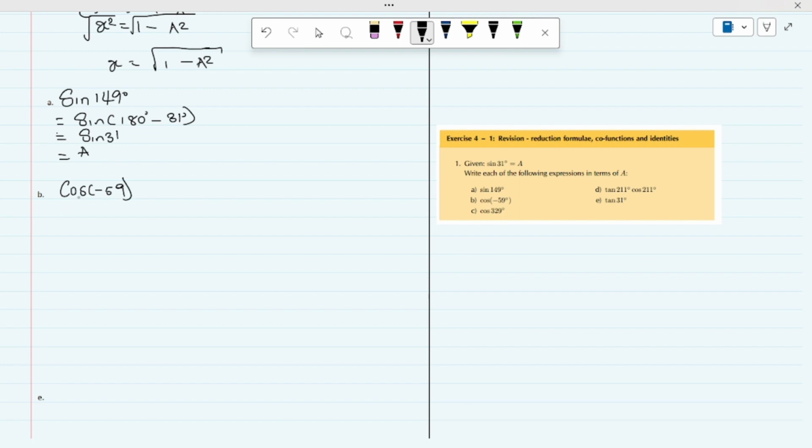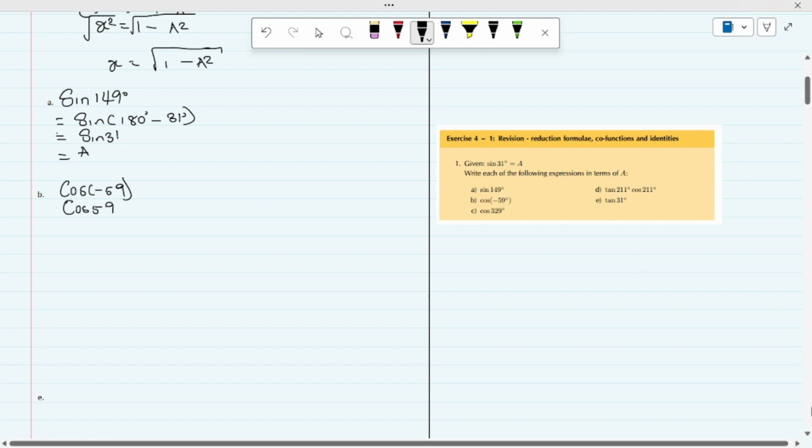So cos of minus an angle, by trigonometric ratios, is equal to cos of that angle. Cos of a negative angle is cos of the positive of that same angle.